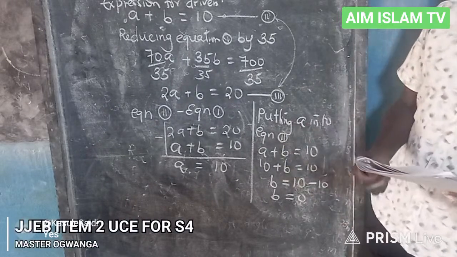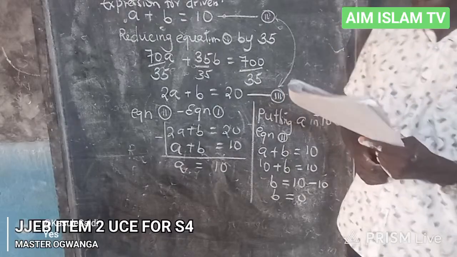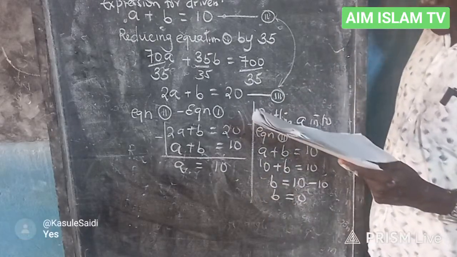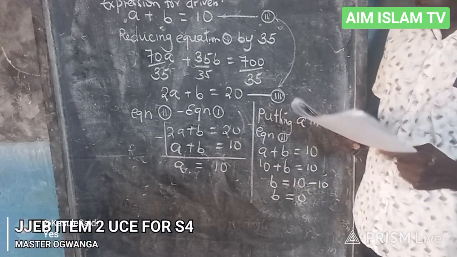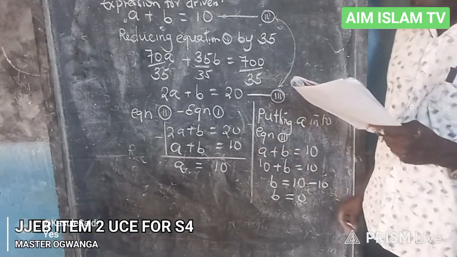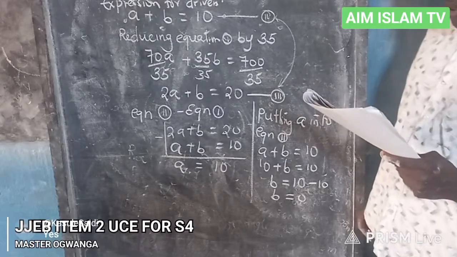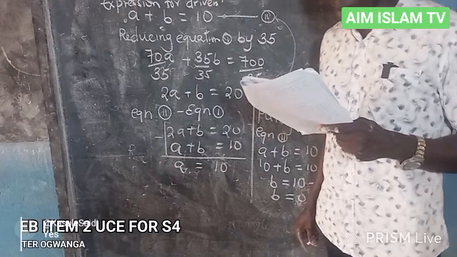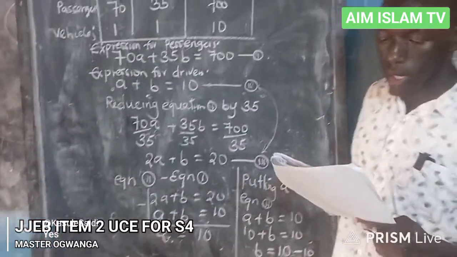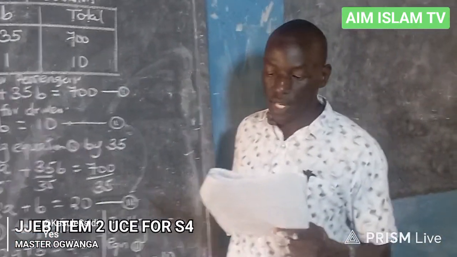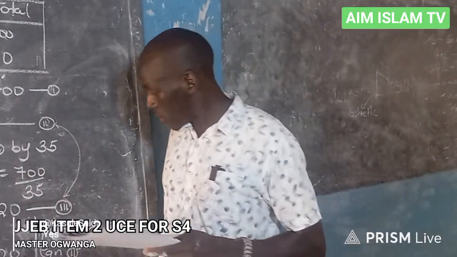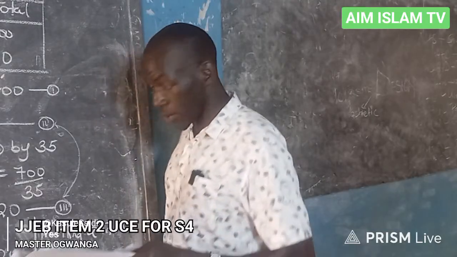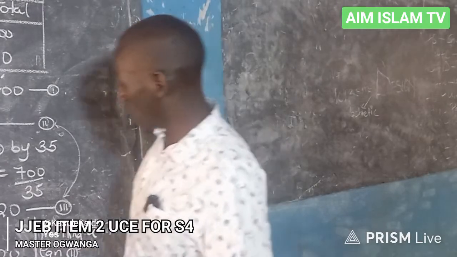Meaning in our conclusion to part A, we are going to say 10 buses should be worked on, or you can say the number of vehicles for service and fueling is 10 buses only, because we don't have any coasters.